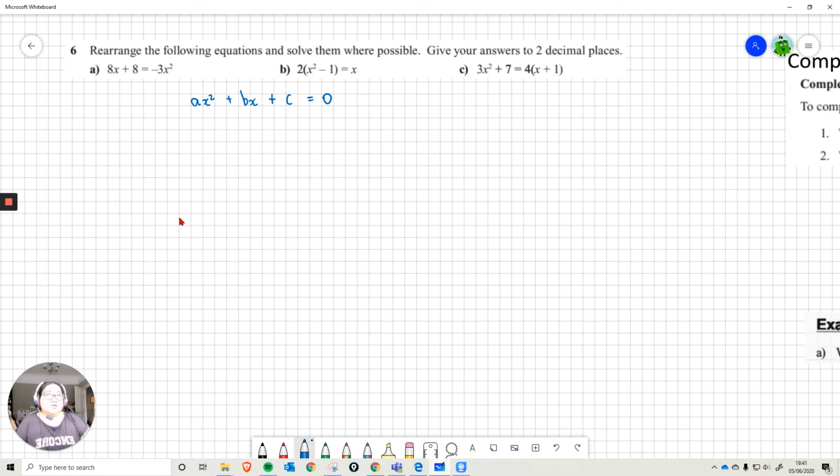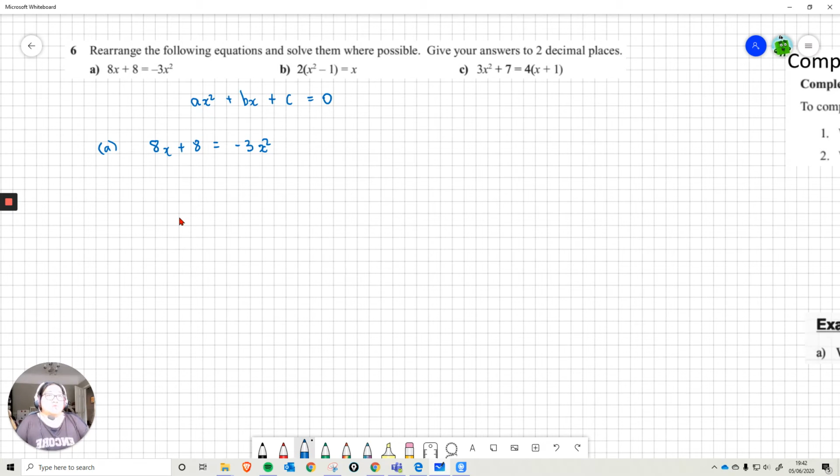So in question 6a, 8x plus 8 equals negative 3x squared. Now, normally, if I was factorizing, I would try to make my x squared positive and get rid of this on the right hand side, and it would end up being added on the left hand side, and that's fine.